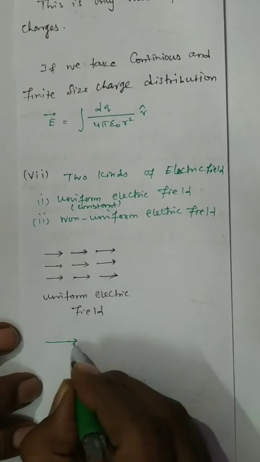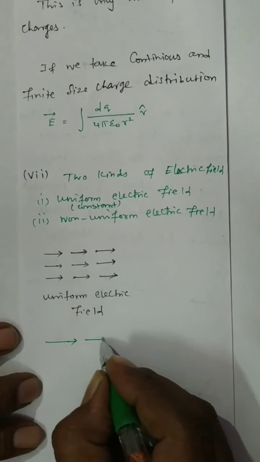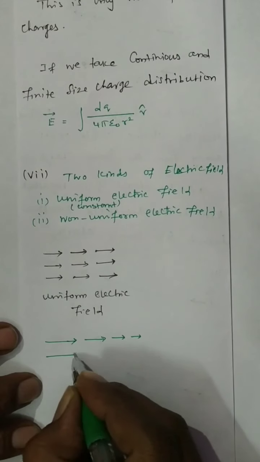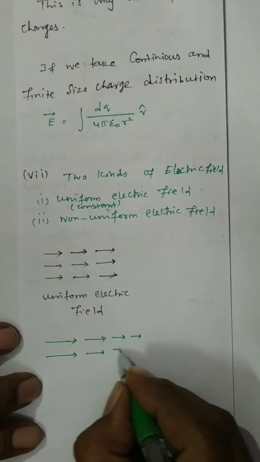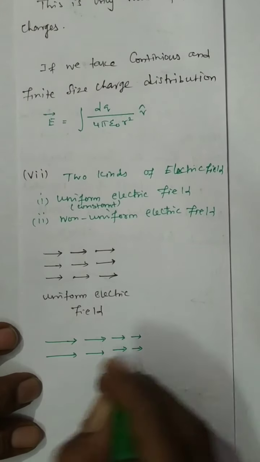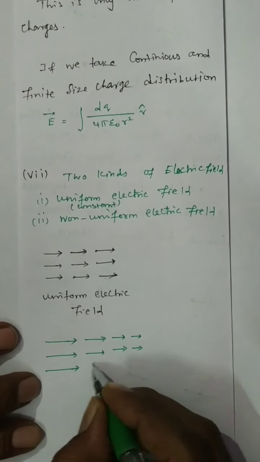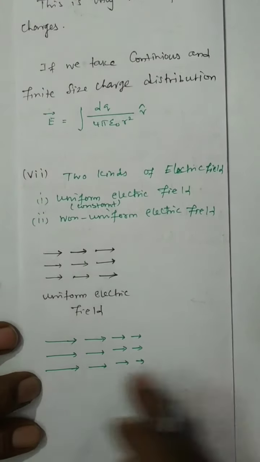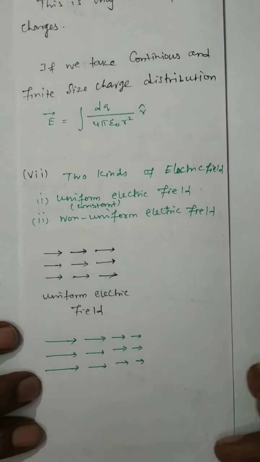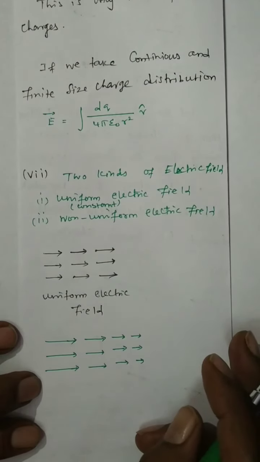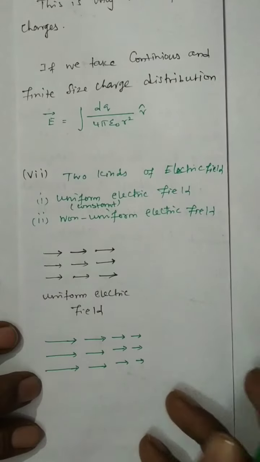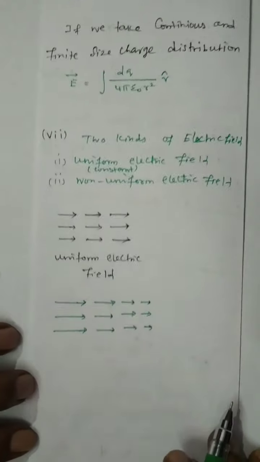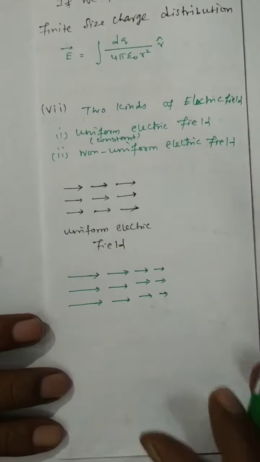The direction is the same, but the magnitude keeps on reducing. Look at this: as the electric field goes, the direction is the same but the magnitude is changing, so this is a non-uniform electric field.